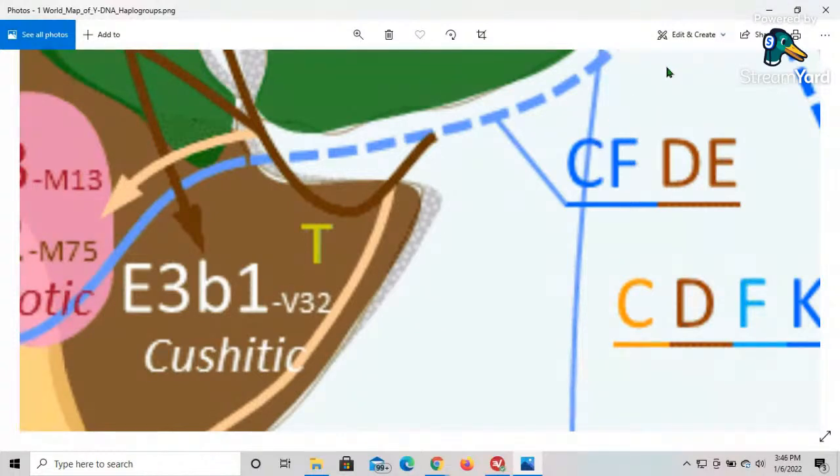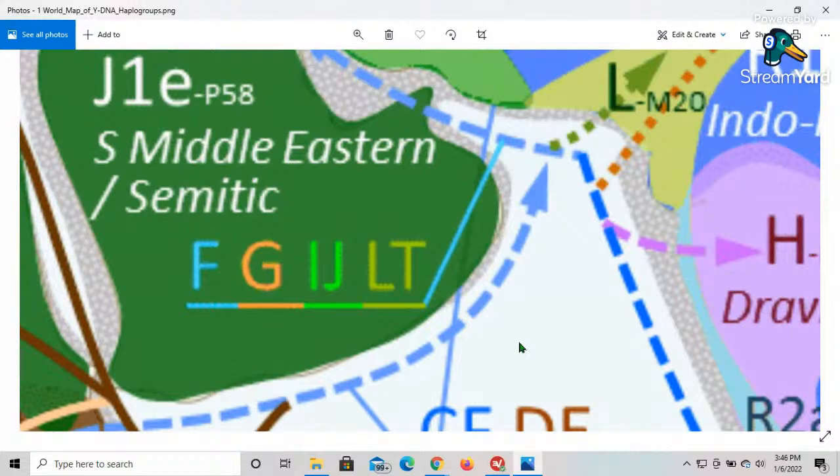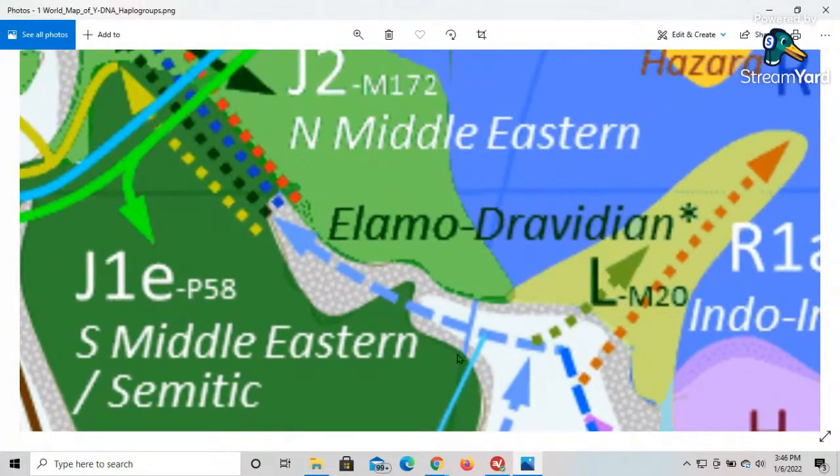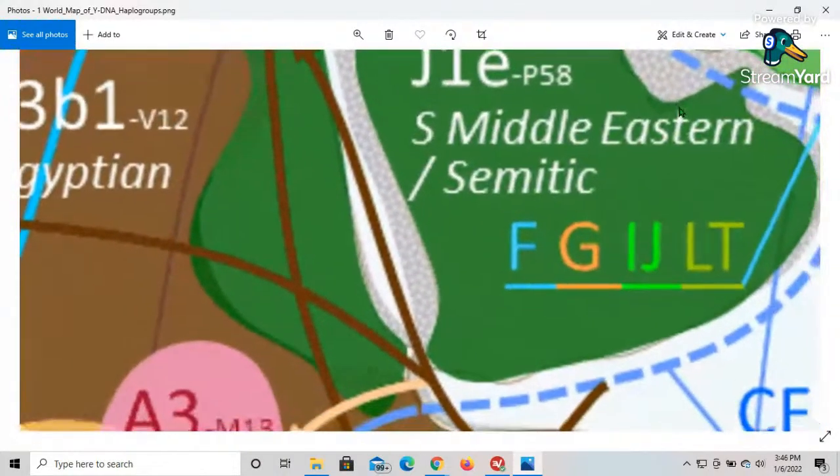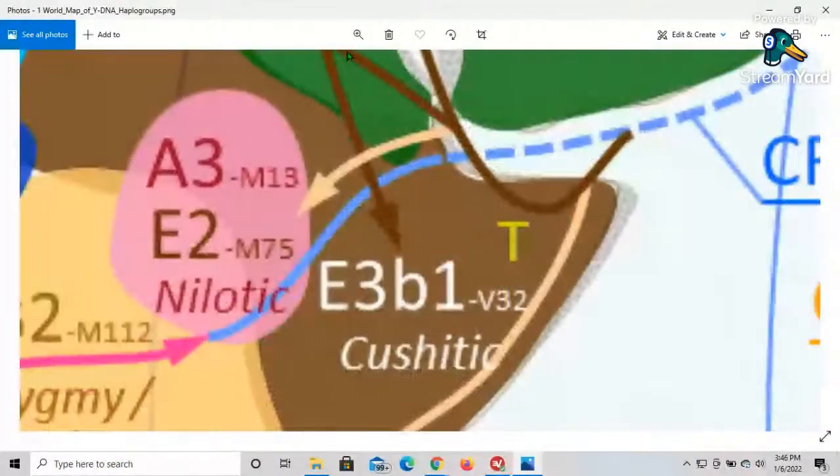So not only do we have Elam, the actual name of Elam in this genetic population, we have the actual name of Cush, which is a given. So we know the descendants of Cush are V32, E3V32.